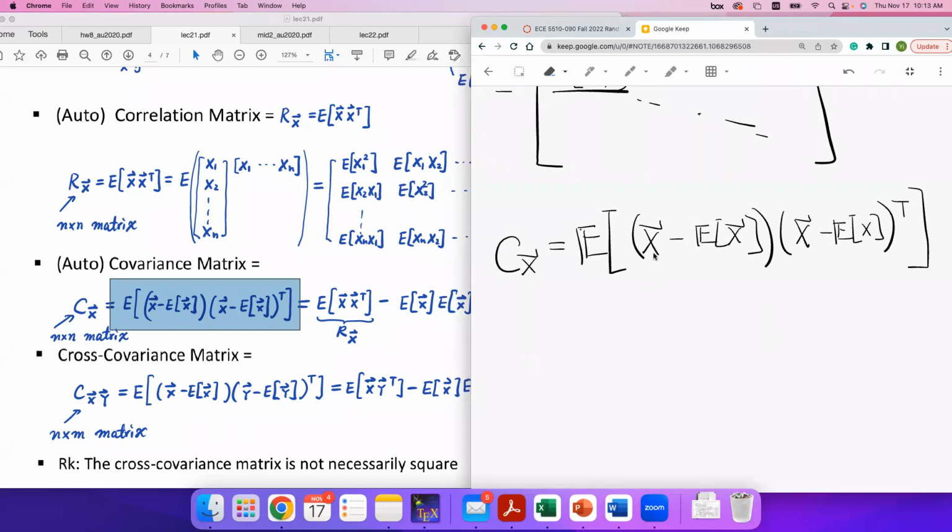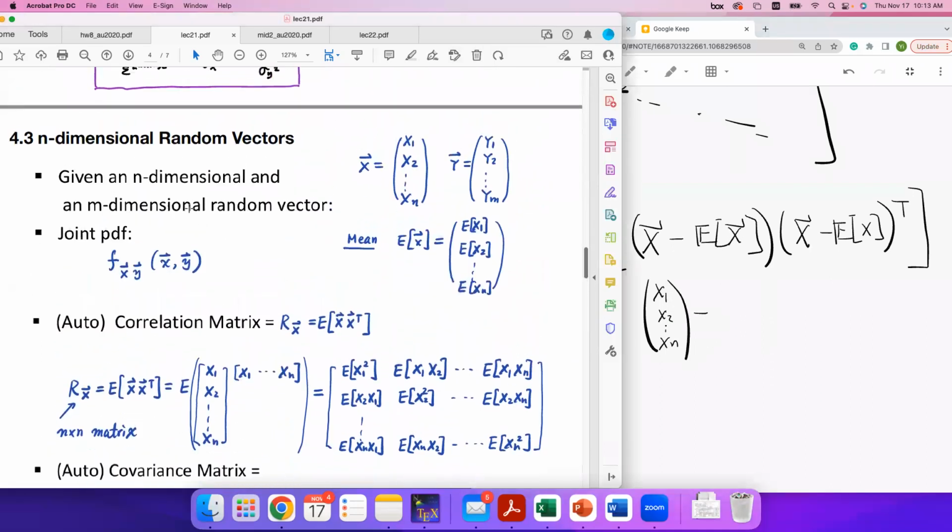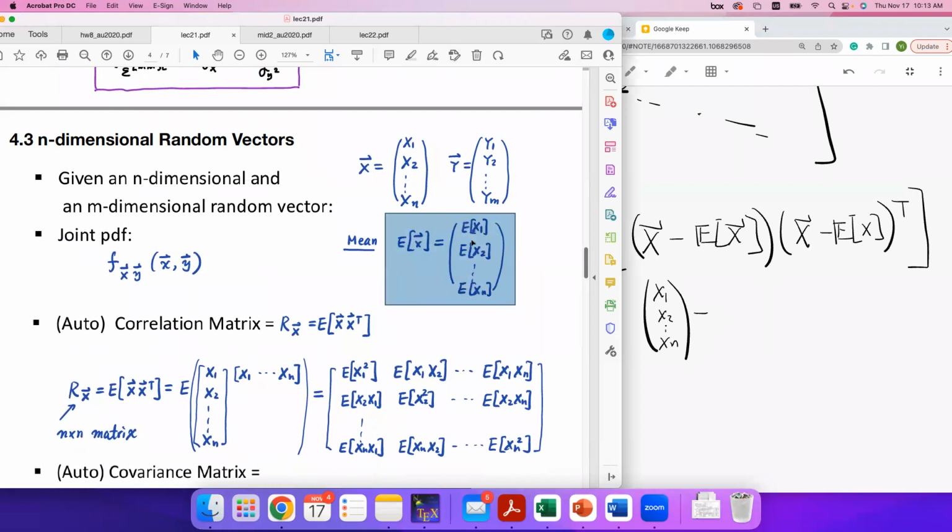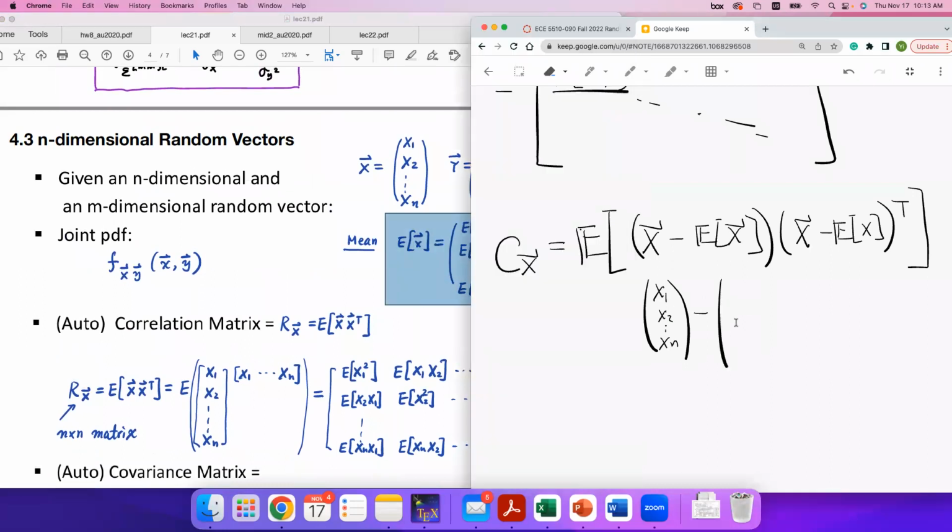You see, this random vector is x1, x2, up to xn, right? By definition, the mean is defined as this mean vector. But it's well defined. So this is the first term. The second term is the transpose of these two. See, it's a column vector minus a column vector.